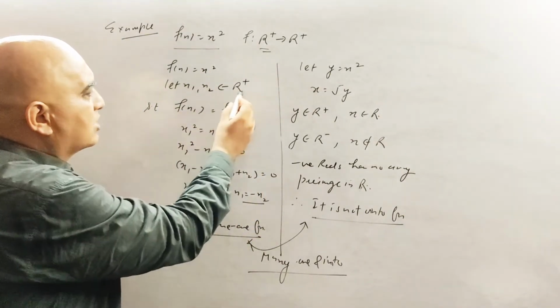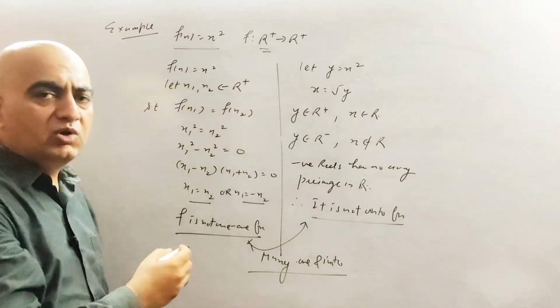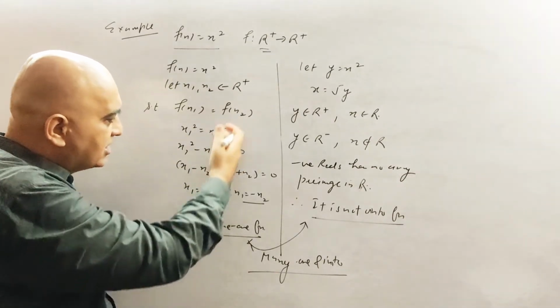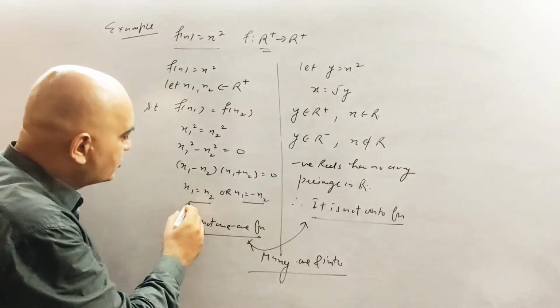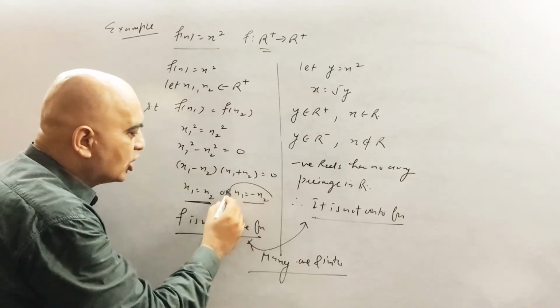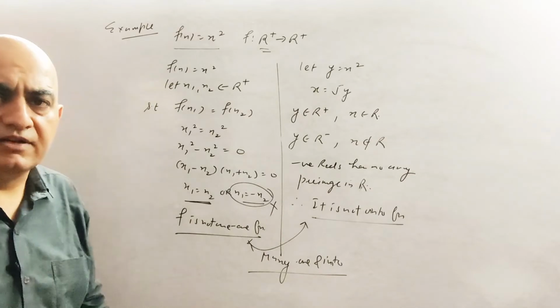Now if x1 and x2 are positive reals, f of x1 is equal to f of x2, do all these steps in the same way and x1 will be x2, but this option will be cancelled. Why?